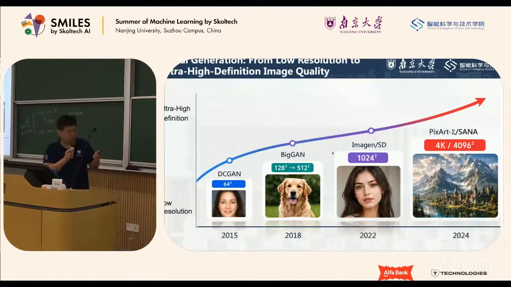At that time, the resolution of DCGAN may be 64 by 64, which is very small.